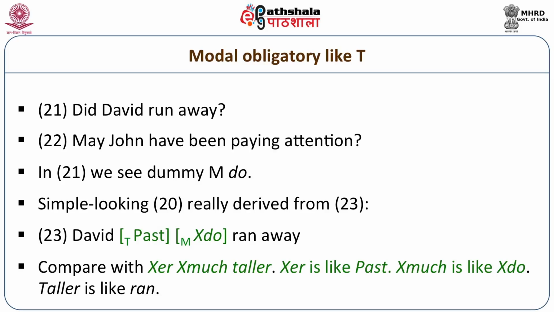There is a dummy modal present, do, in the initial structure, which is ready to take up the slack when it is necessary to move to the left of the sentence, carrying the tense with it. That is what is happening in did David run away. Did fulfills the responsibility of bearing the tense marking.